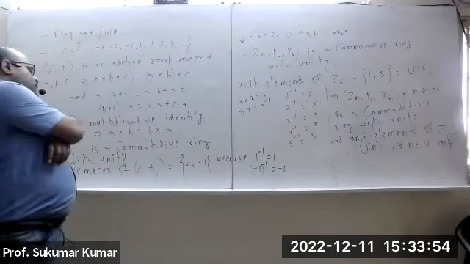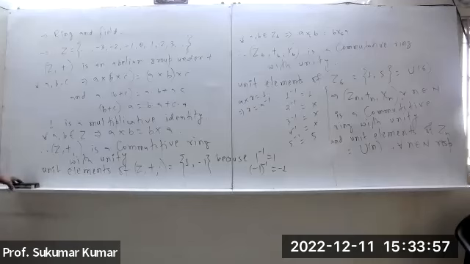Only two elements are multiplicative inverse elements of Z, no others.